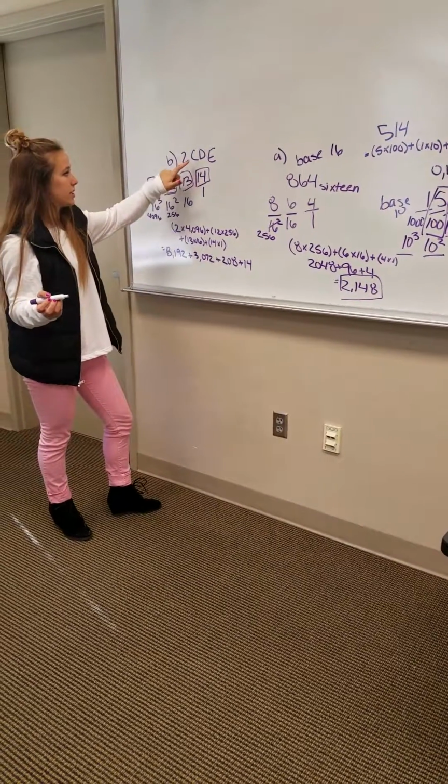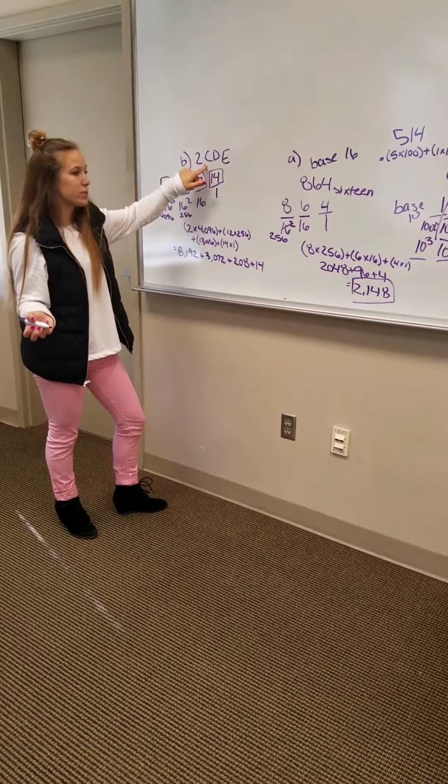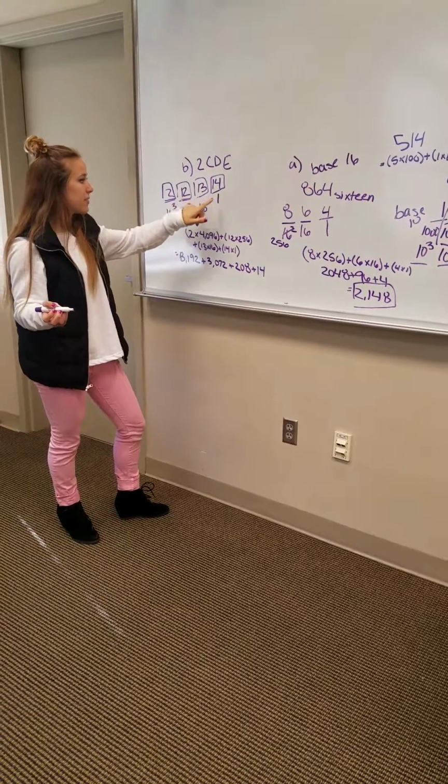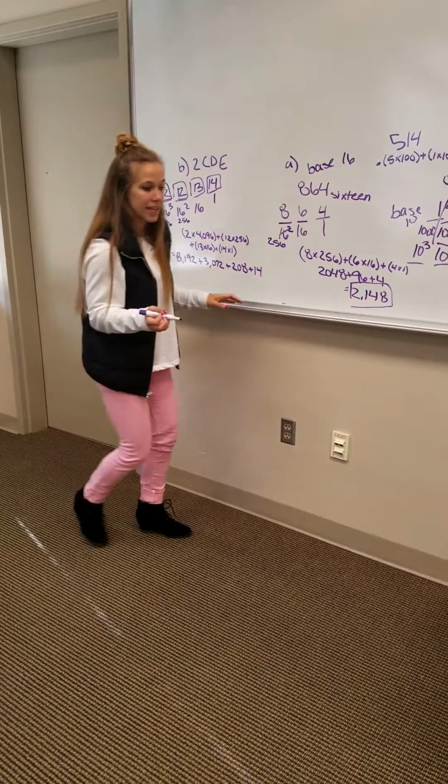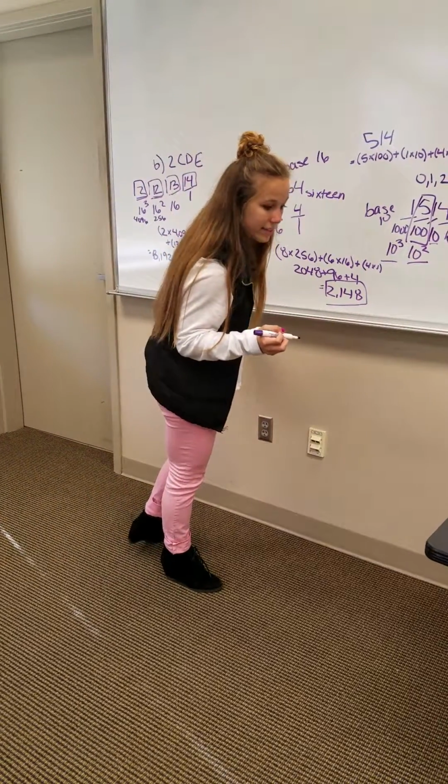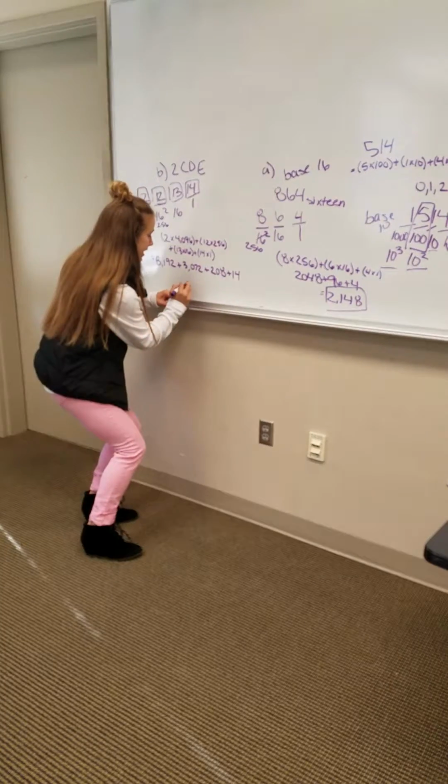Since it's base 16, we took the letters, changed them into their number values, and multiplied them times the place value of each digit. Adding that all up, we get 11,486.